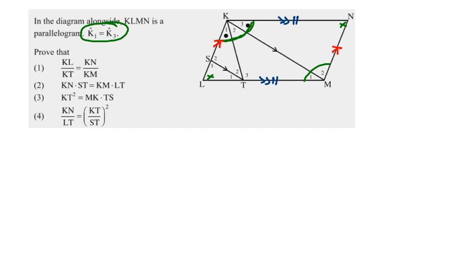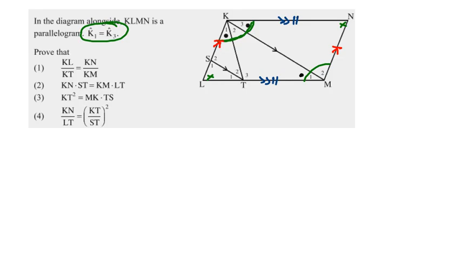Now, why is it important to note this? Because just like that, you note that K3 is also equal to M1 because those angles are alternating. So you see, it is knowing your properties of the parallelogram that is unlocking all these other bits and pieces of information that were hidden from you. So please, very, very important to note that.